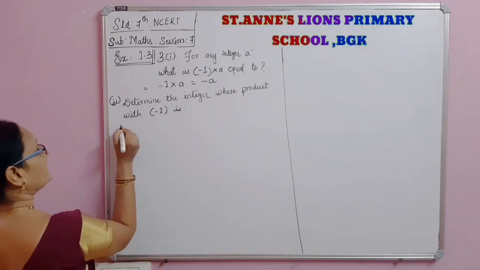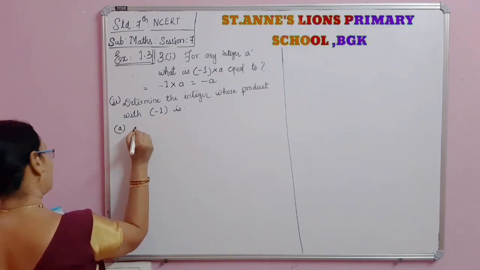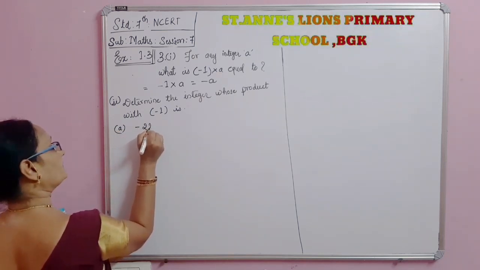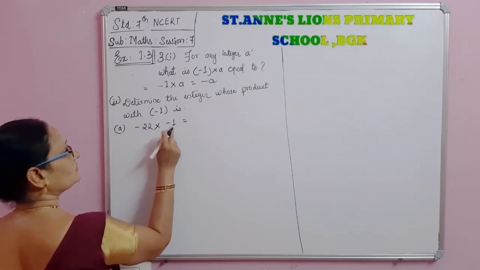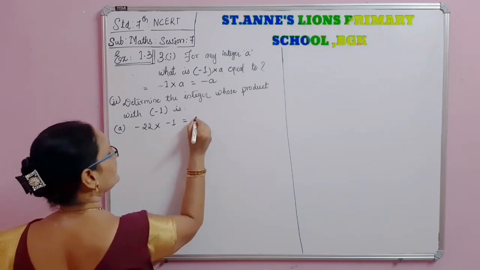Okay, in that a, see, minus 22 into minus 1 is equal to, minus into minus is plus, 22 ones are 22.